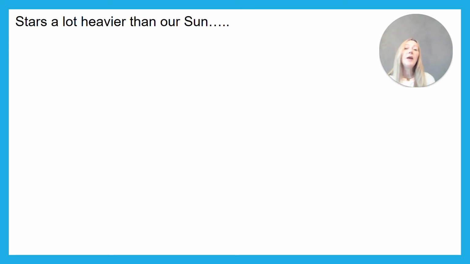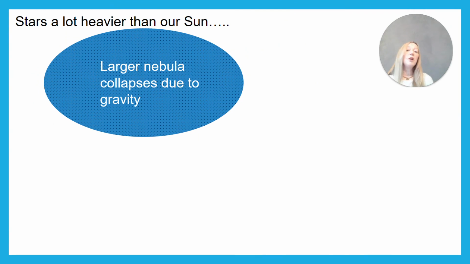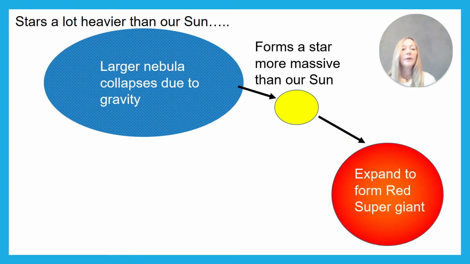So stars that are a lot heavier and a lot bigger than our Sun again start with a very large nebula that collapses due to gravity. And again the fusion starts, and they can fuse much heavier elements, and that forms a massive star, much, much more massive than our Sun. But when the fusion starts to run out in these heavier stars, it starts to expand to form a red supergiant.